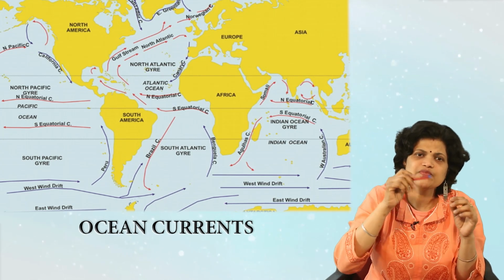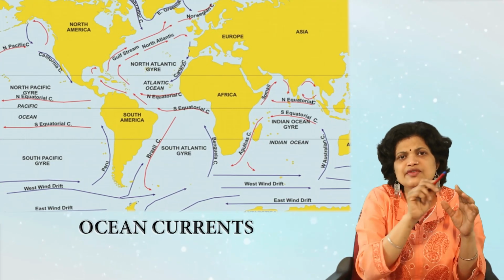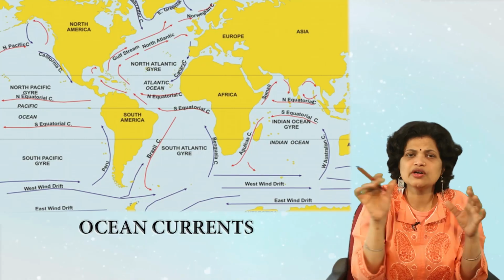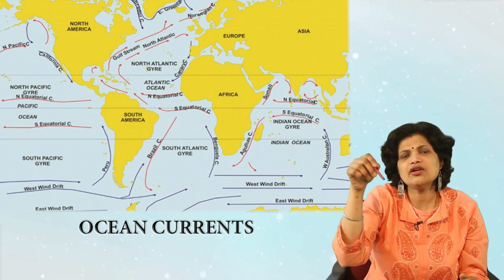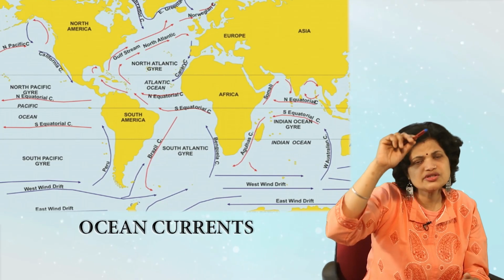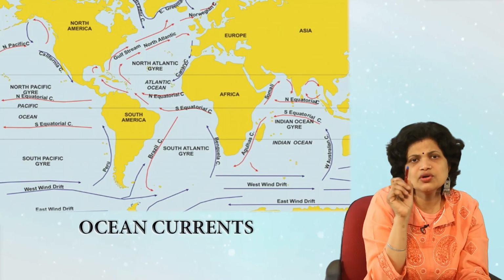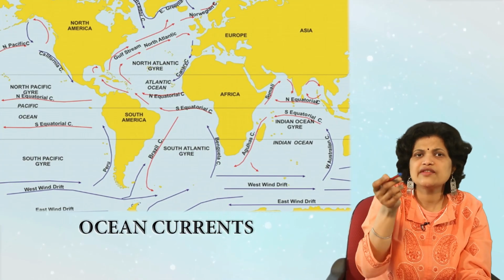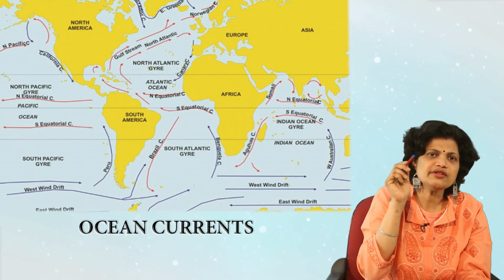Then it merges with the westerly wind belt as west wind drift, which is relatively colder, and then along the African coast it turns towards the left and is called Benguela cold current, and then it again merges with the south equatorial warm current.